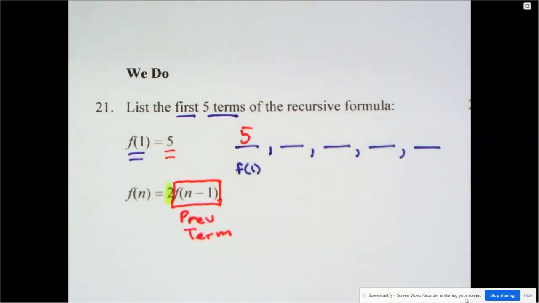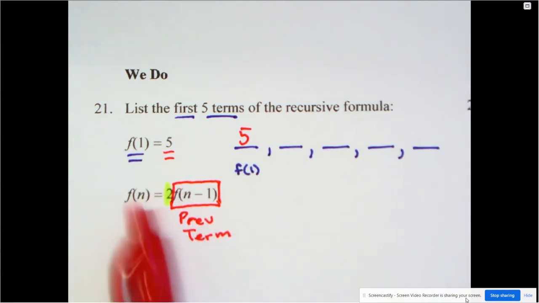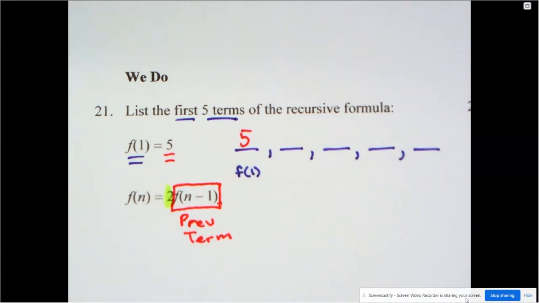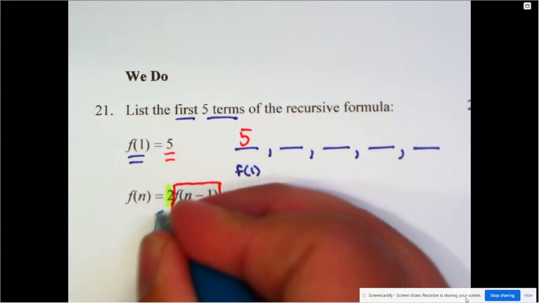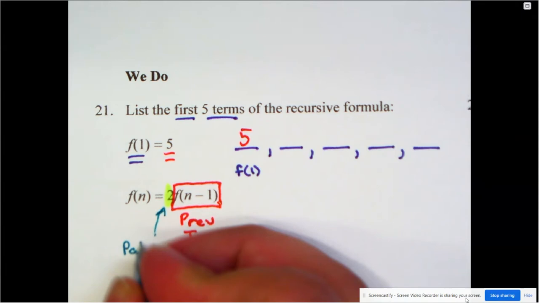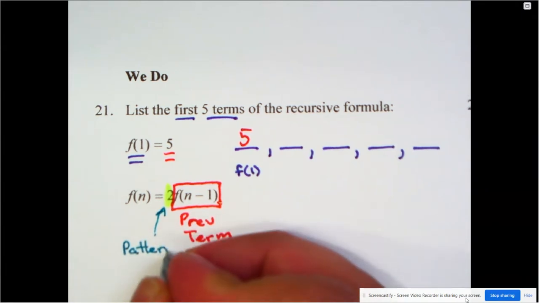Look at the 2. There's no plus sign or a minus sign between it. When things are next to each other, they're letting you know that the pattern in this problem is multiply by 2.